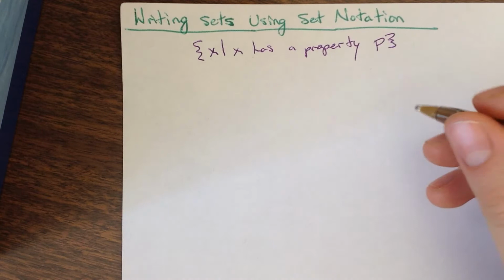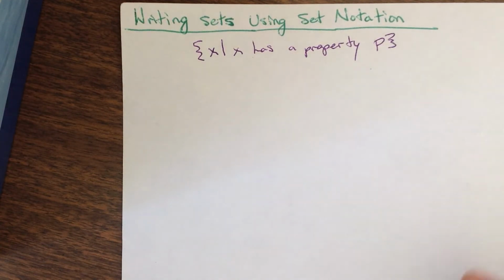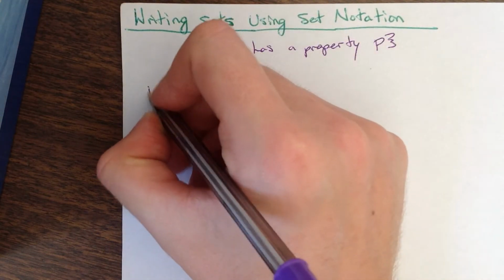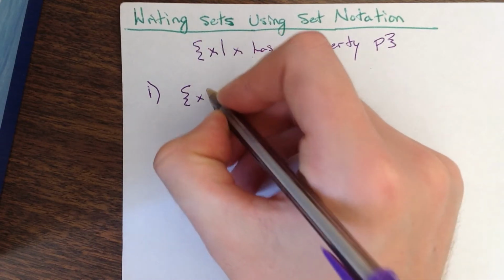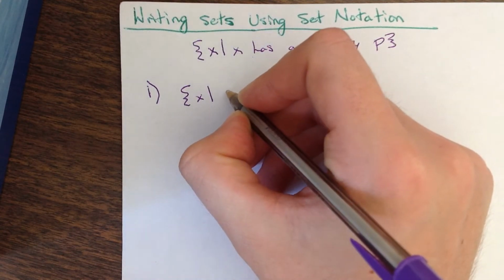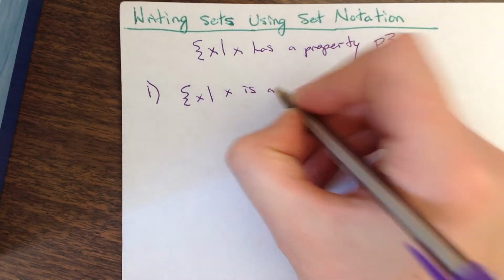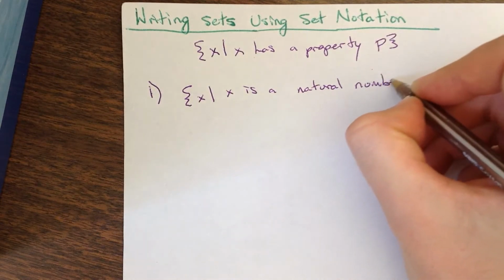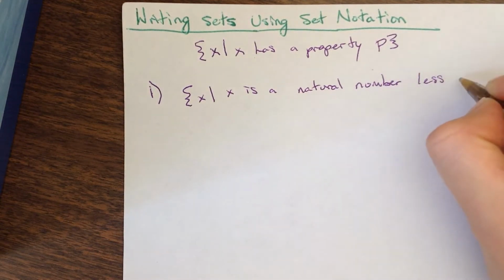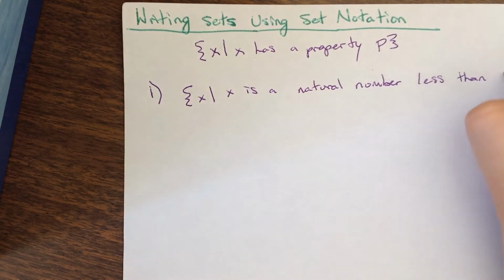So for example, let's say we want to list the elements that are in a set. And we were given that this set of x is such that x is a natural number less than 6. So we have to think about, well, what are natural numbers?